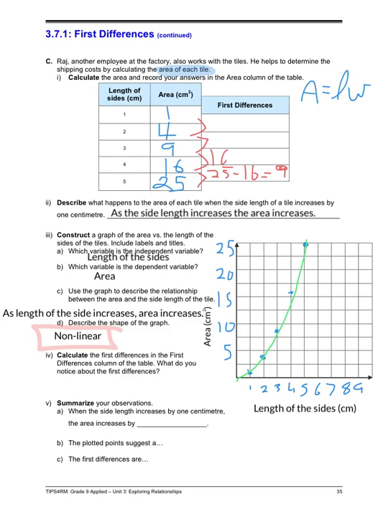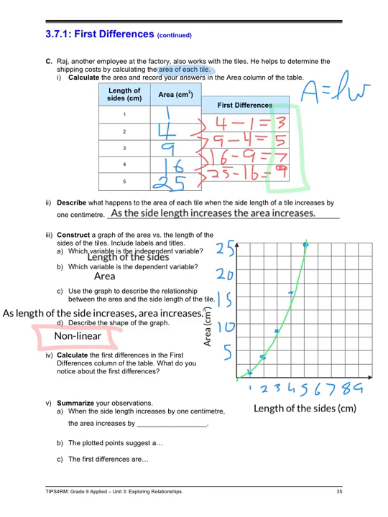We'll take 16 and we will subtract 9, which will give us a first difference of 7. We'll take 9 and we will subtract 4, which gives us a first difference of 5. And we get our last first difference by taking 4 minus 1, giving us 3. Notice, these first differences are all different numbers.